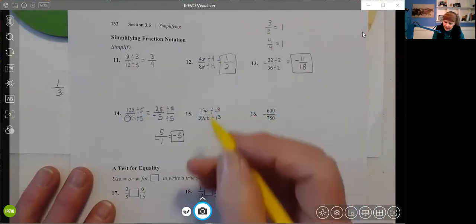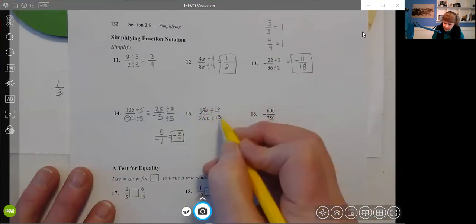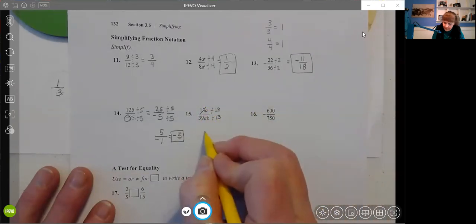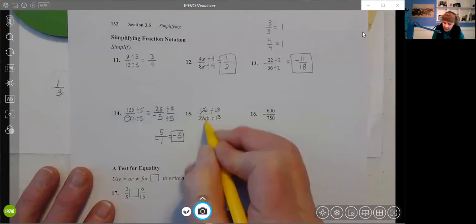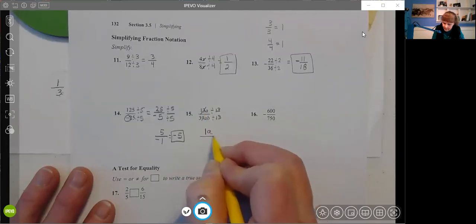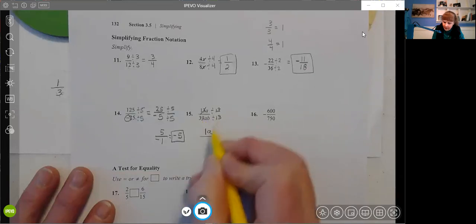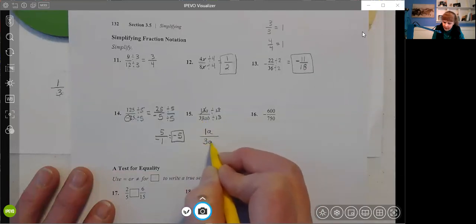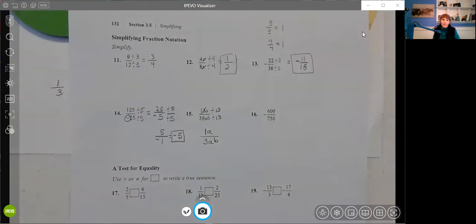What that does is leave me with 1a. 13 divided by 13 is 1a. 39 divided by 13 is 3ab. I'm ignoring the variables right now, just paying attention to the numbers. What goes into both of those evenly?